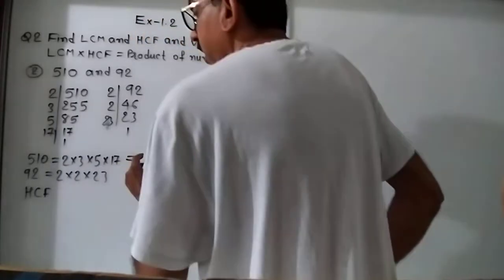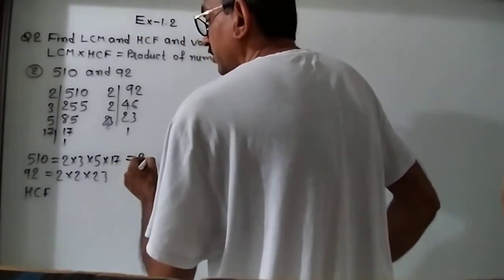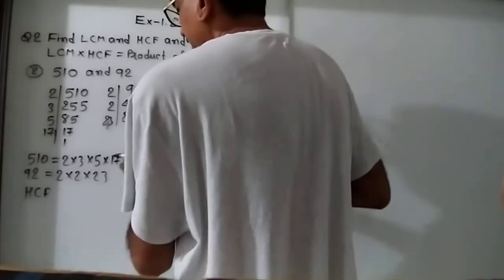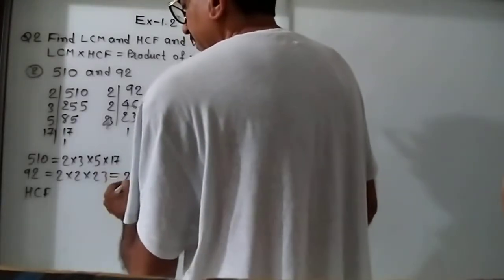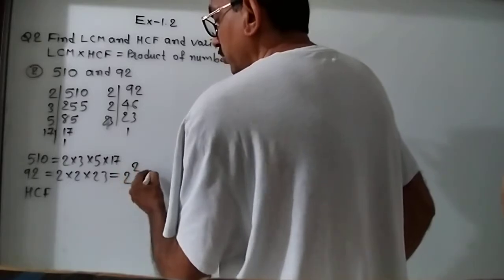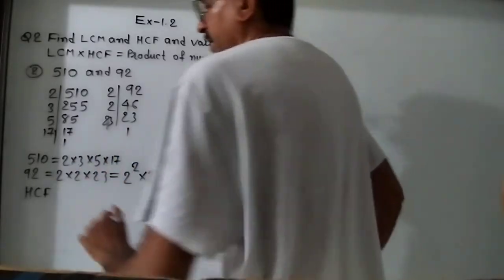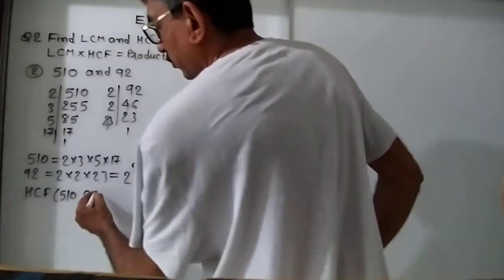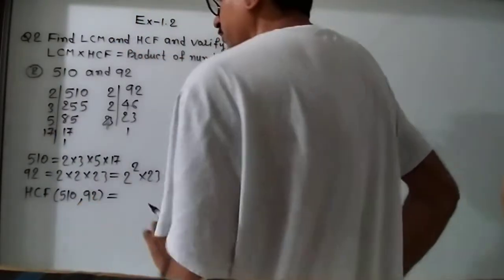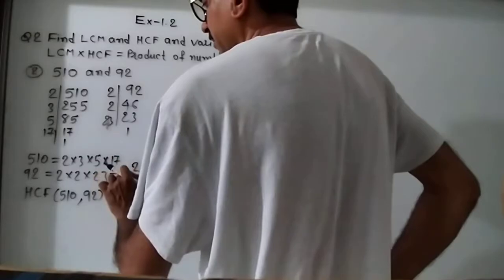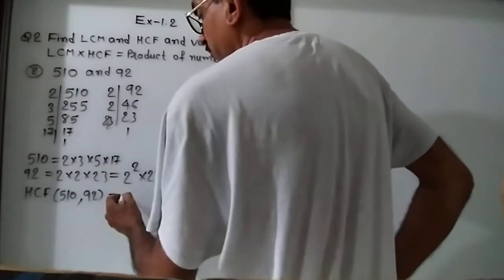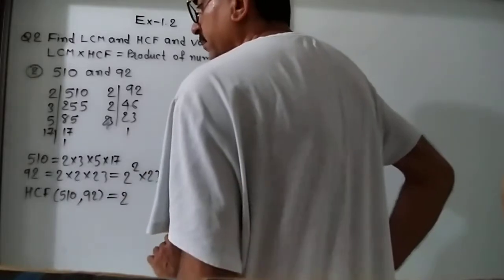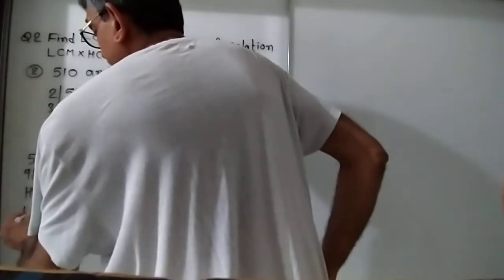Here, as no number is repeated, we write as it is; here we can write 2 raised to 2 into 23. HCF of 510 and 92: first you find the common factor. Here 2, here 2. Least power is 2 only.